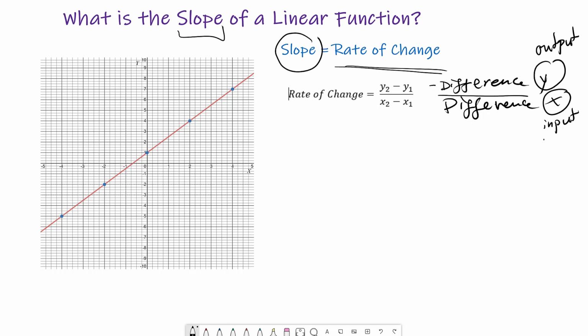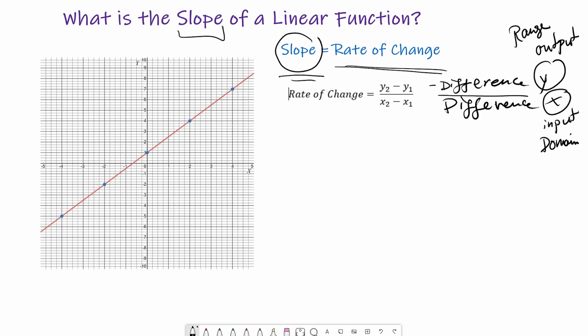The input comes from the domain of the function, while the output has to remain within the range of the function. So these were the terms we already learned, and we're just including the term slope now, which is another word for rate of change. Let's look at this example and use the word slope rather than rate of change in order to get used to it.